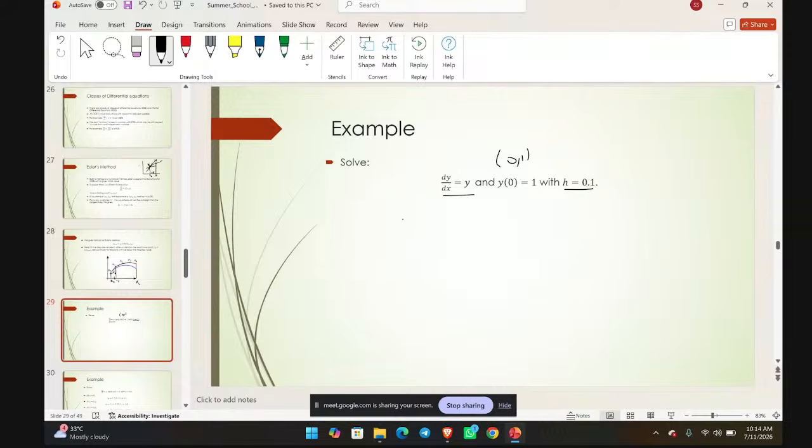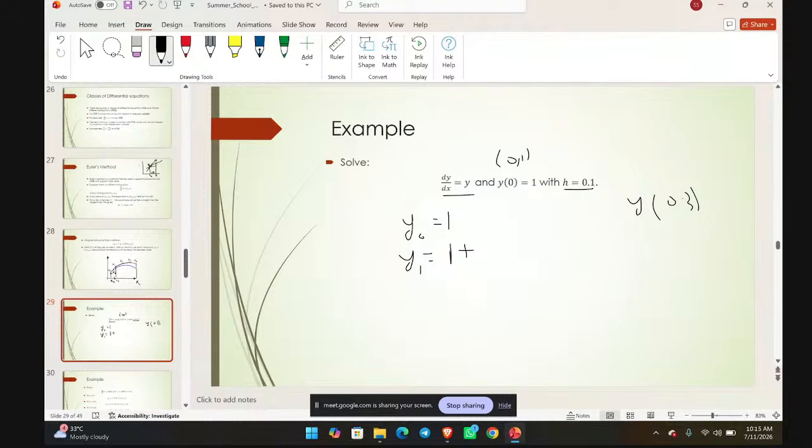So let us see. y0 is equal to 1. If you want to reach y of some 0.3 or 0.4, that's the required solution. y1 is equal to the initial y0, which is 1, plus the slope at this point.